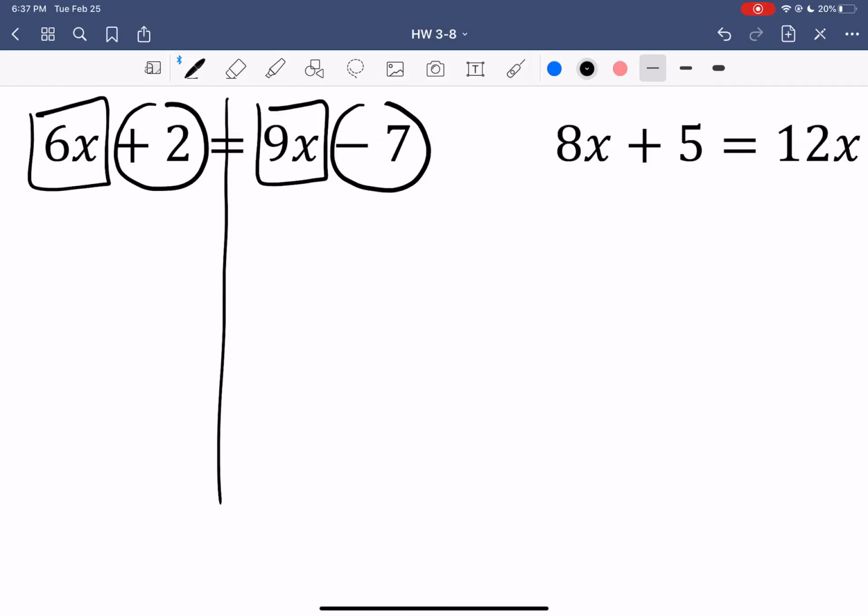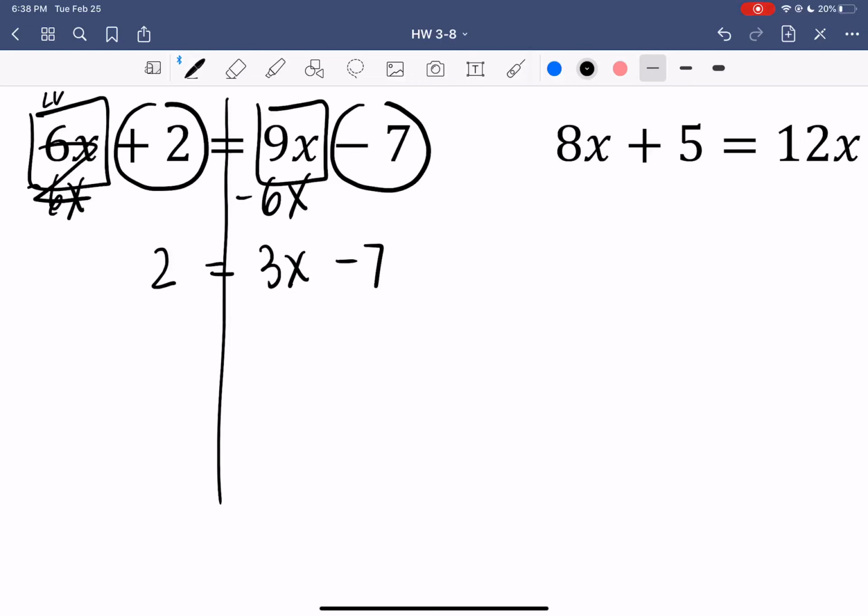So we need to get our boxes together and we need to get our circles together. So I'm going to start by moving my least variable. So I'm going to subtract 6x from this side. So this will become 0, and I'll be left with 2 equals 3x minus 7.